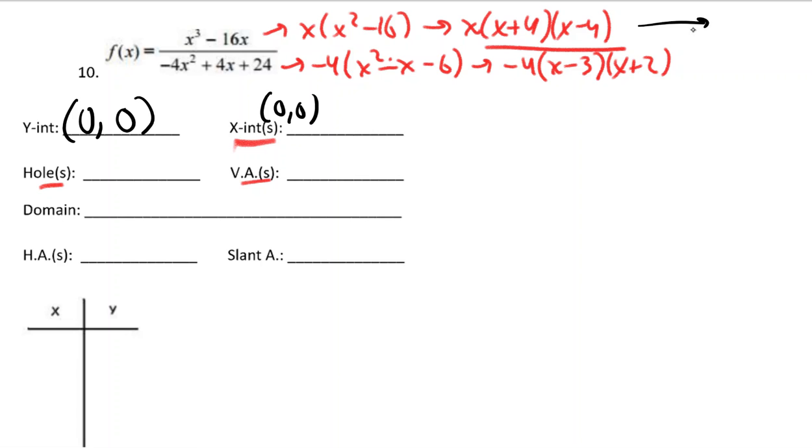Okay, and the purpose of that is so I could quickly see 0, -4, and +4 make the numerator 0, and 3 and -2 make the denominator 0.